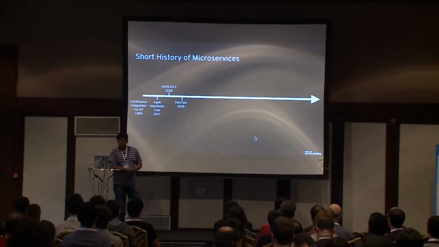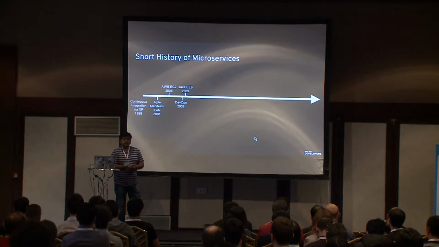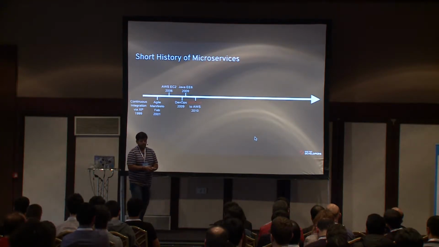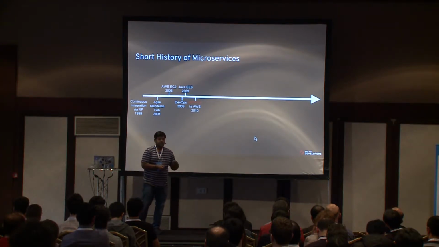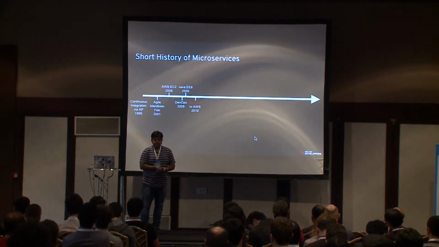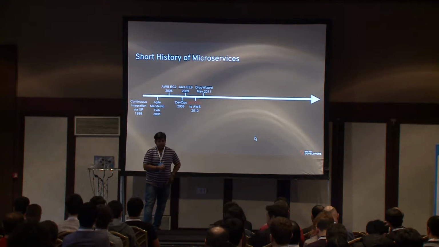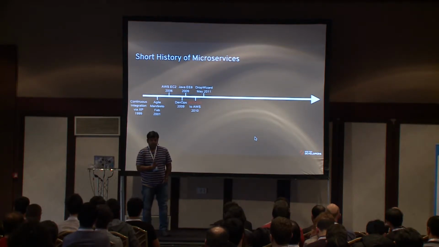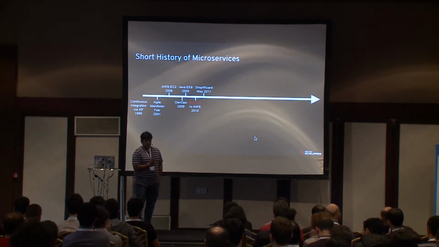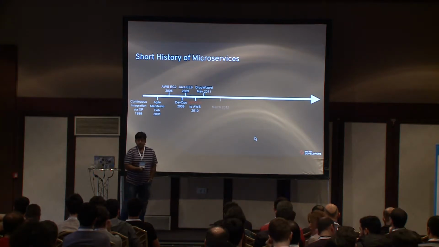Then the DevOps era started up. Then we had Java EE 6, which modularized a lot of things and made Java development easier for Java developers. Netflix added more fuel to the EC2 engine, making microservices more prominent in the industry. Then we had the first Java microservices framework, Dropwizard, in 2011.